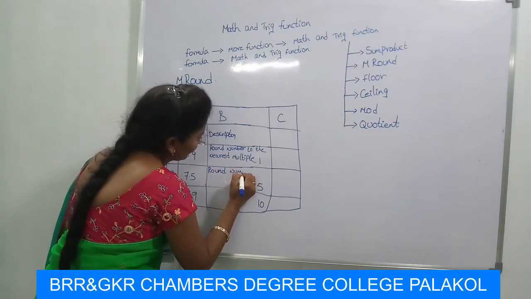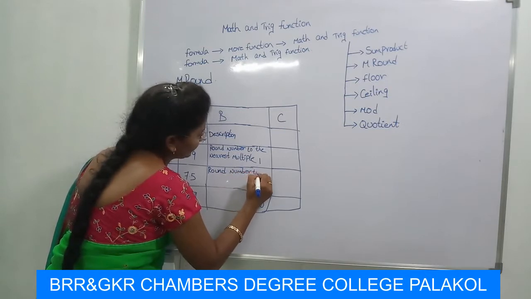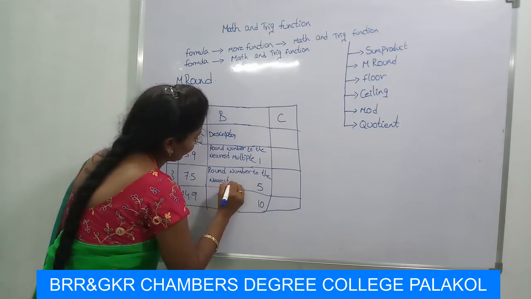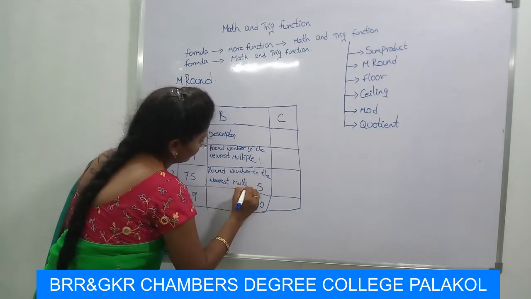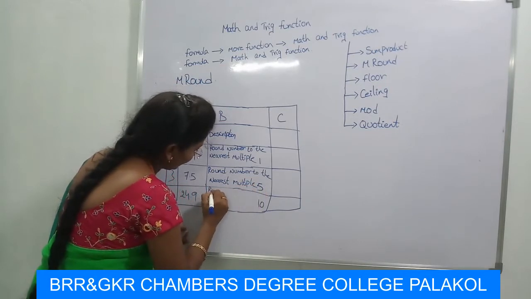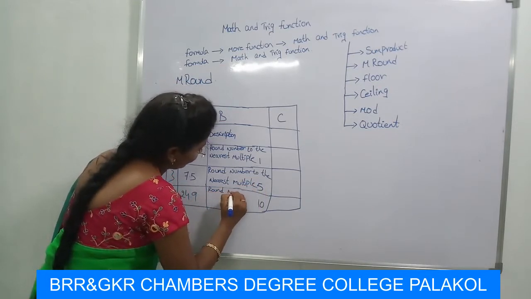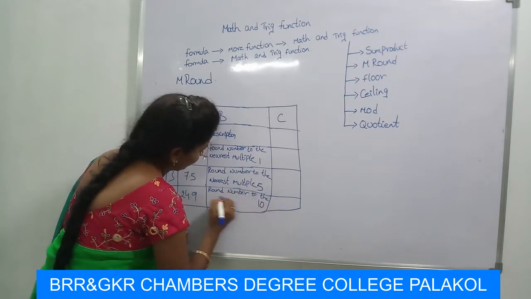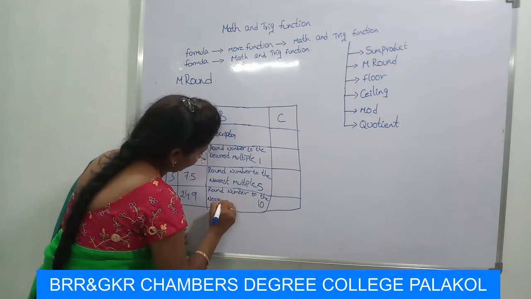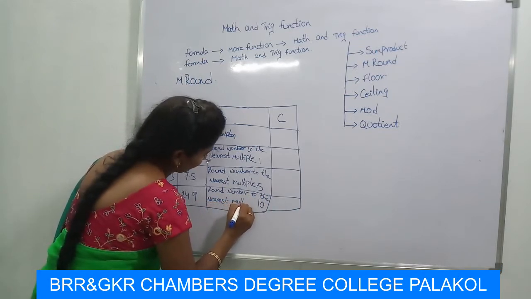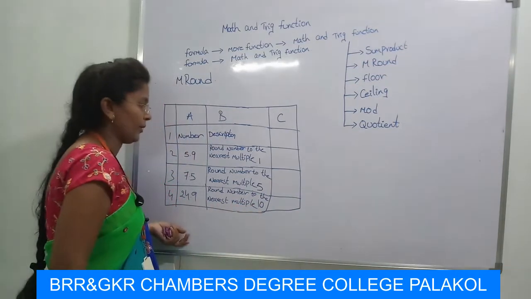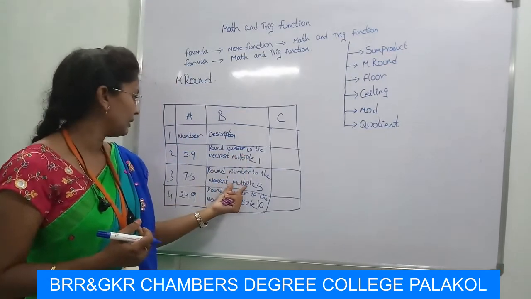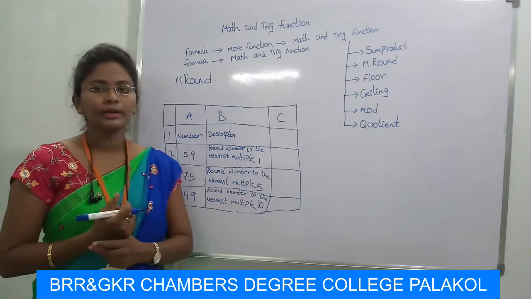That means the rounded number to the nearest multiple of 5. Here in this B2 cell, I am taking the multiple as 1, for B3, 5, and B4, here I am taking 10 as the numbers.